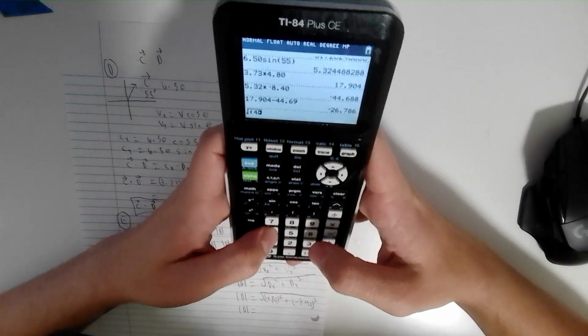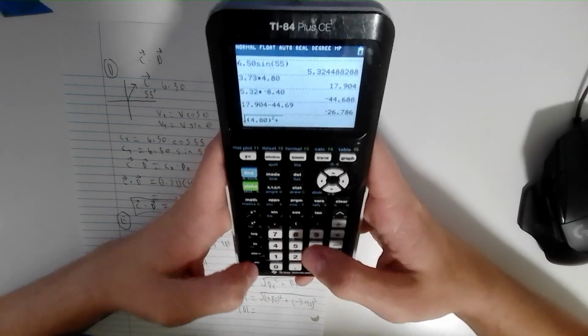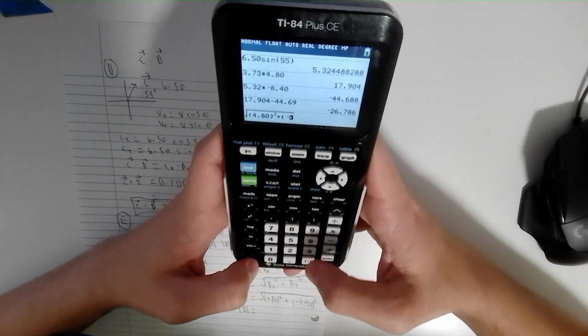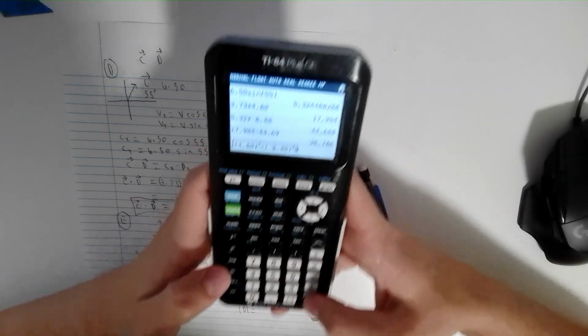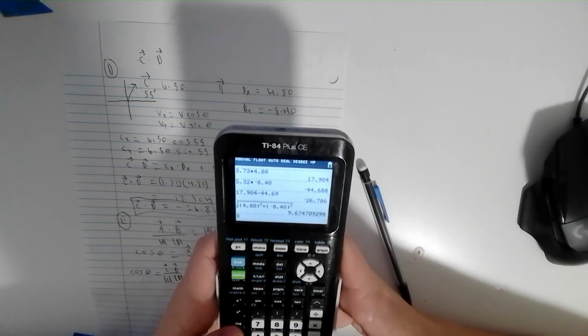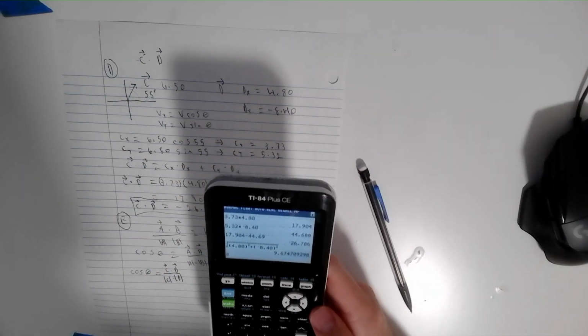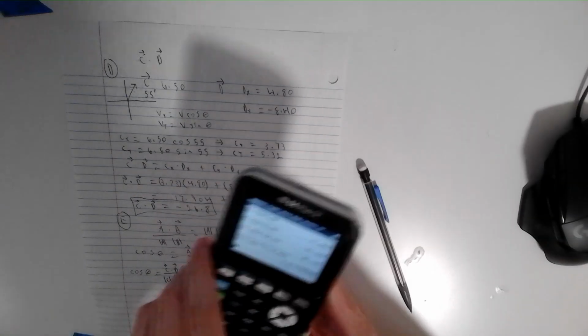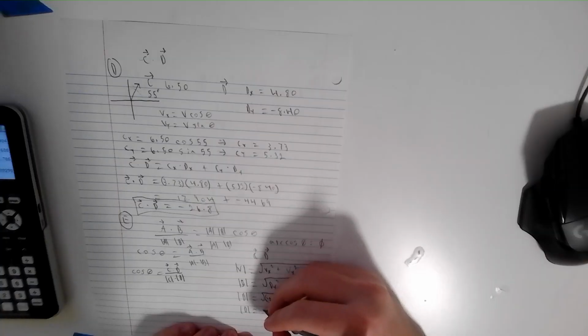So we got square root of 4.80 squared plus negative 8.40 squared. And we solve for that. And we should get, let's see, 9.674. And that would round to 9.67.